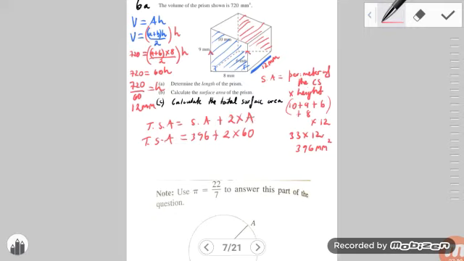Once you've already done some working out, you don't need to redo that. You already did the work in the previous question. So total surface area is equal to 396 plus 120. Pardon me. So that's 396 plus 120, which is equal to 516 square millimeters.